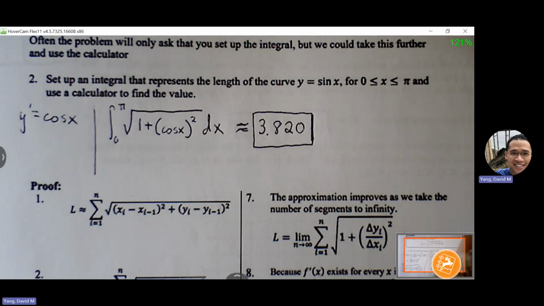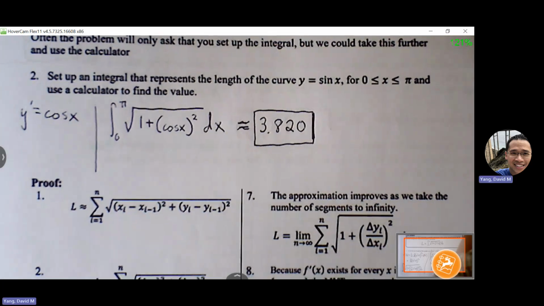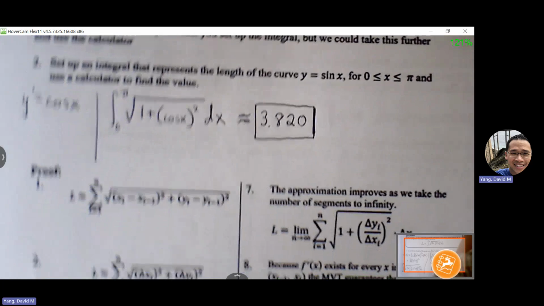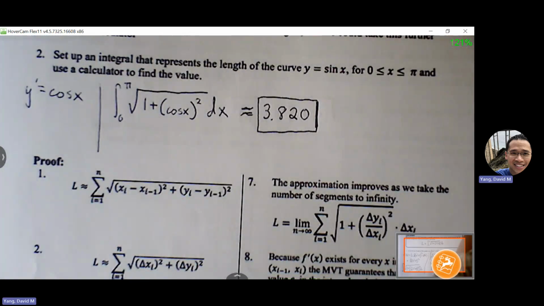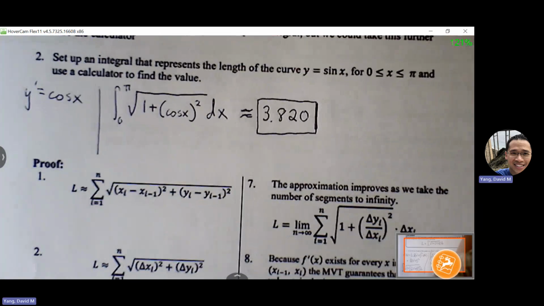Okay, we'll skip the proof. The proof just basically connects the distance formula to the arc length formula. But I think we just have to memorize the arc length formula, but just understand that it's coming from the distance formula to arrive at the one that we want to use. Okay, so now try the practice problem. Try number one. Number one is just asking you for the setup.